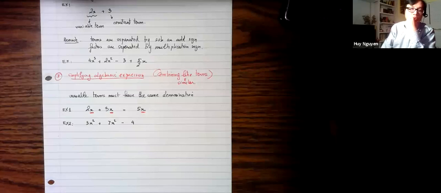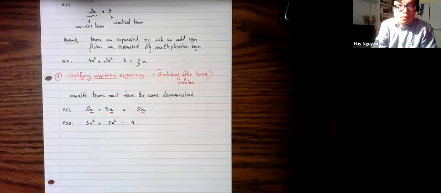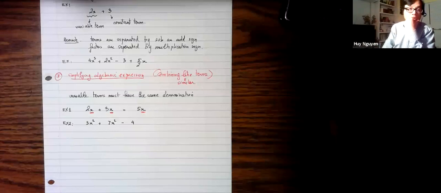Maybe some of you know that this is 3 terms, right? The first term is a variable term. The second term is also a variable term. And the last term is a constant term. You cannot combine a constant term and a variable term together. You can only combine variable terms together and constant terms together.